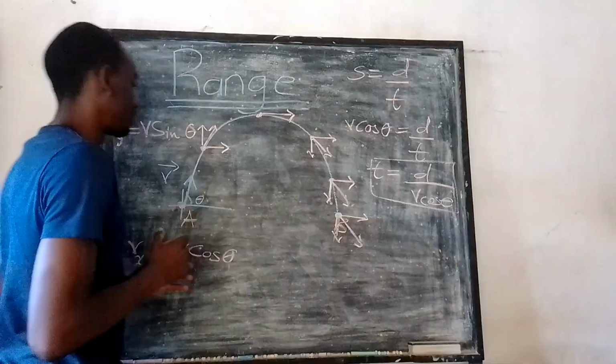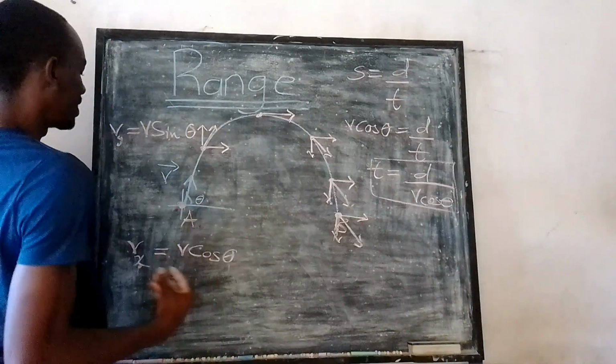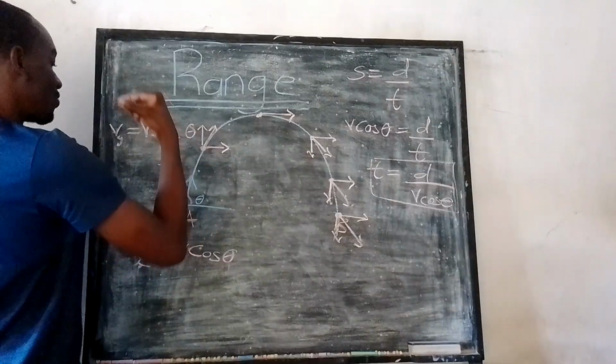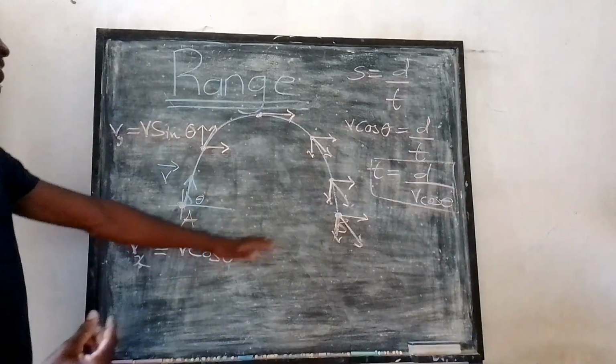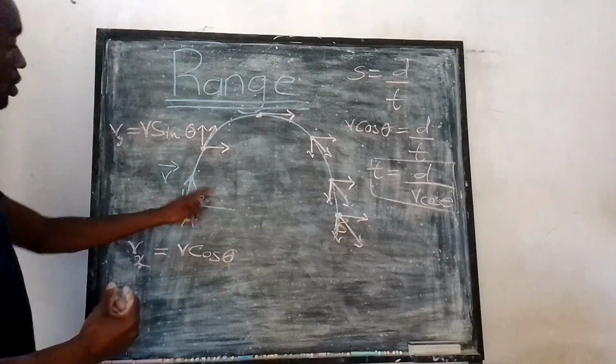Now, the horizontal aspect of the motion, like I'm saying, has a constant velocity of v cos theta in this case. It might be v sine theta depending on where the angle is situated.